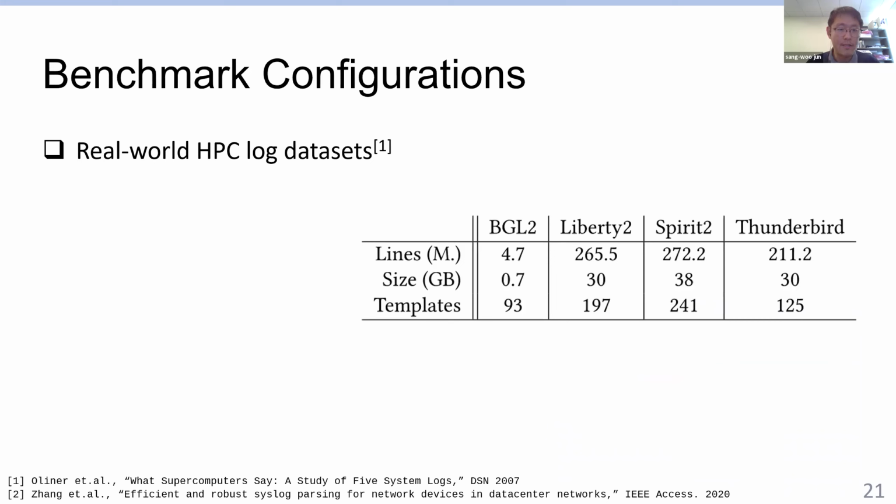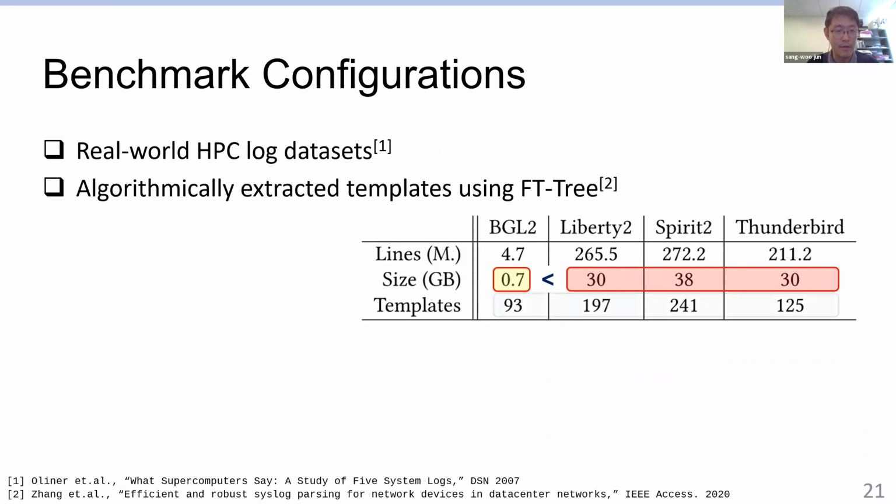We evaluated the system using real-world HPC log datasets. Some of these were larger than others, typically in the range of 30-ish gigabytes in raw text size. And we extracted the templates because we are not application experts. We algorithmically extracted templates using the frequency tree-based template extraction algorithm.